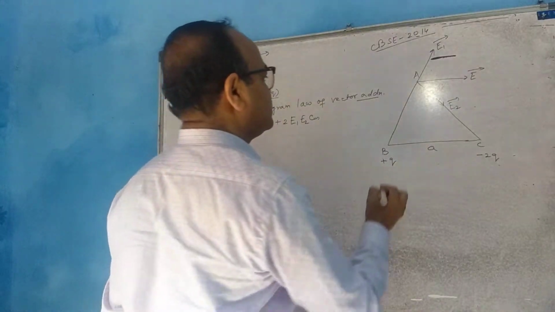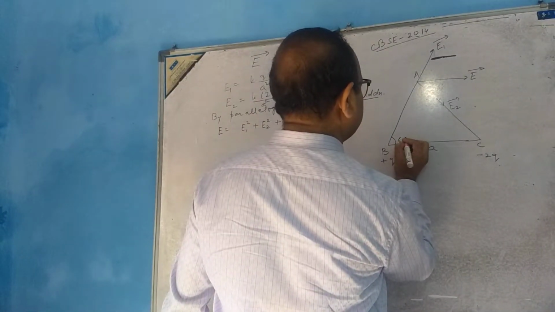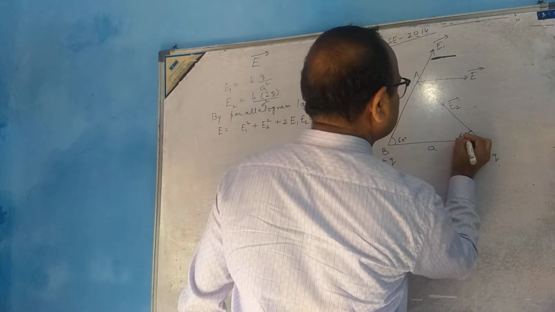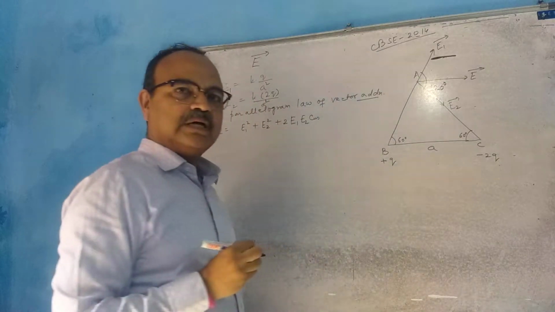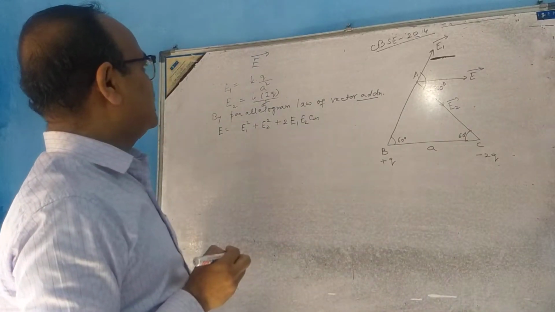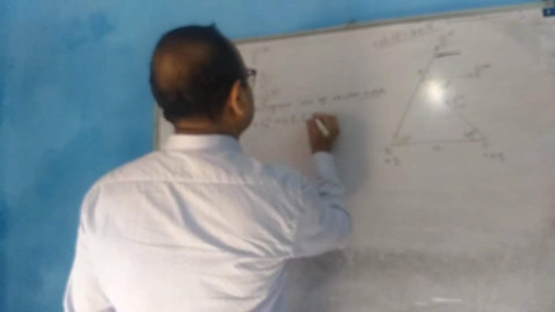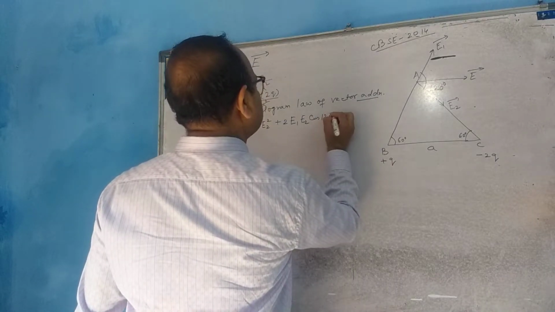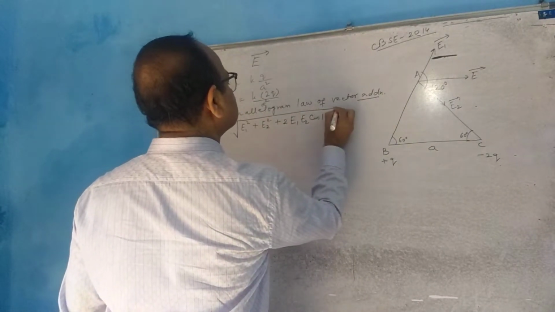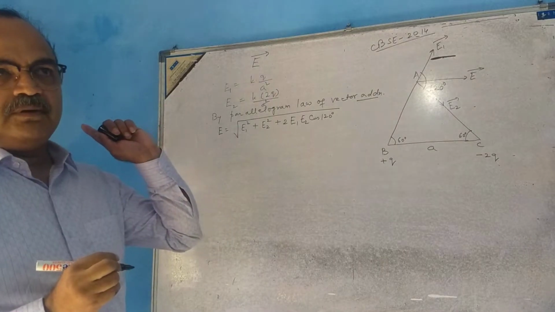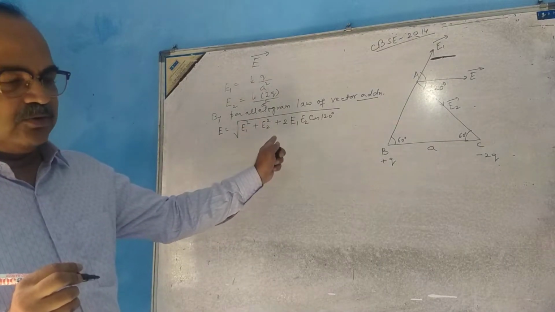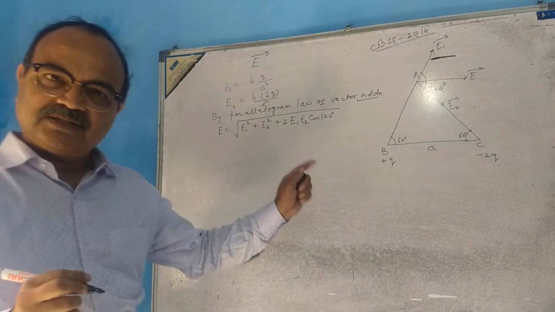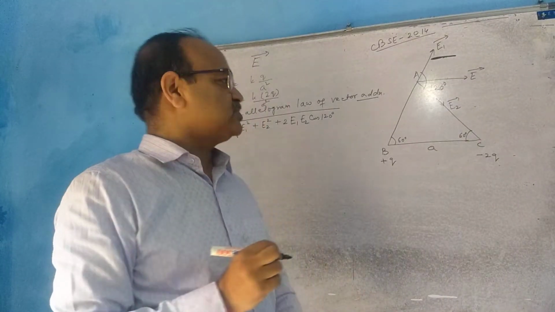You see, each angle is 60 degree, then definitely this angle will be 120 degree. I hope you all agree. Now 120 degree, and obviously a root over sign. Just be careful, it is coming from the parallelogram law of vector addition. We have already discussed it in our class 11 syllabus.